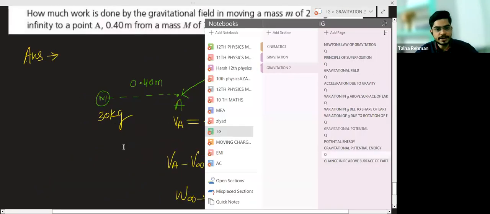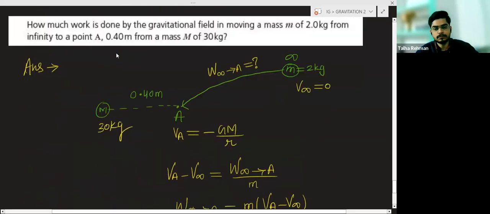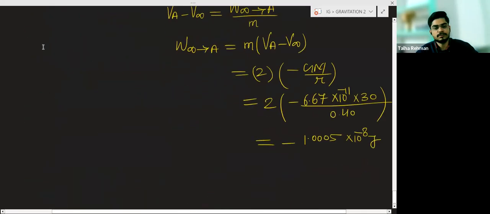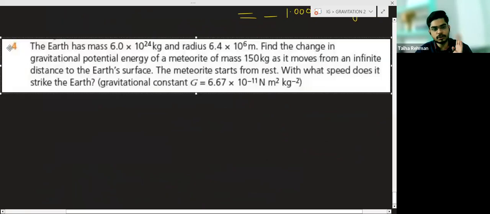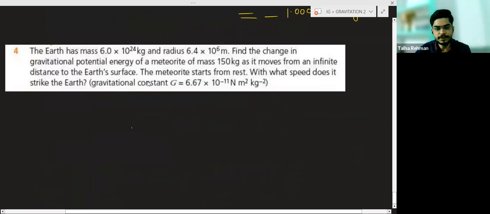Okay, now next question. This question is also from your book. Read this question. The Earth has a mass of 6 into 10 to the power 24 kg and radius 6.4 into 10 to the power 6 meter.